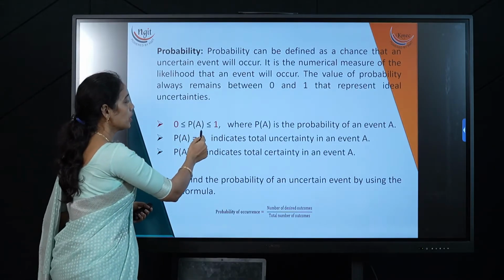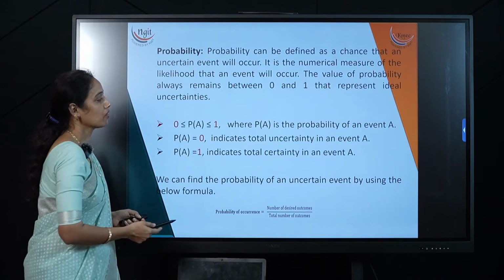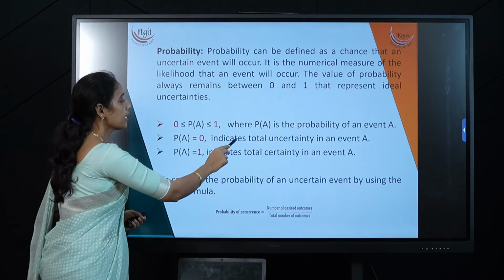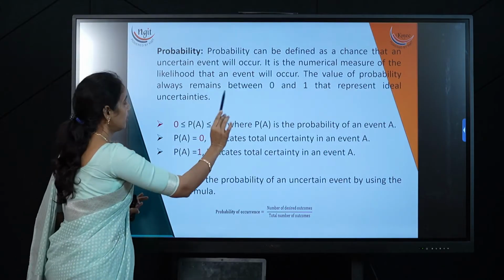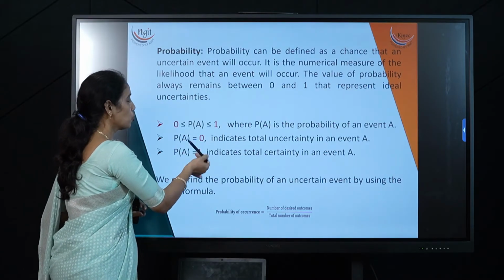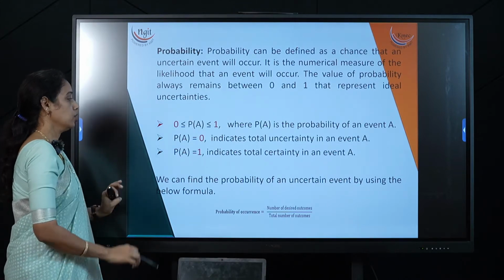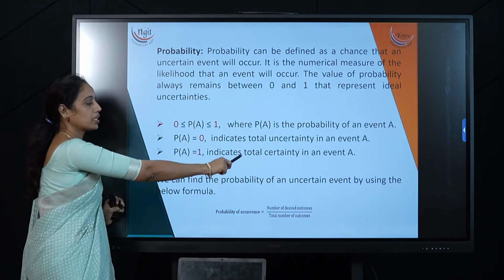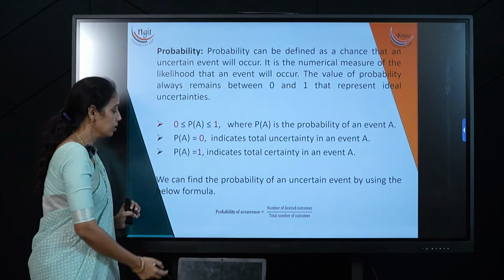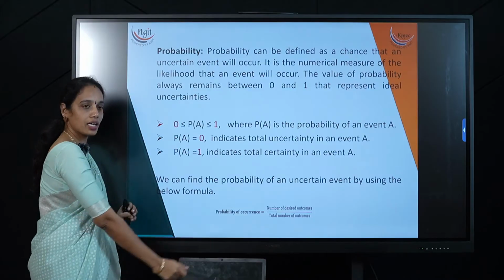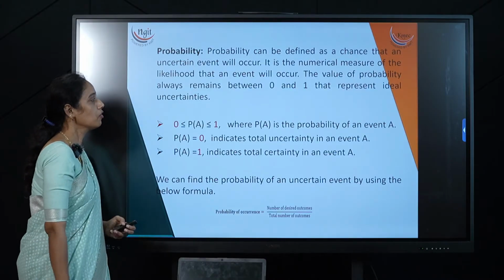Here P(A) is the probability of an event A. P(A) equal to 0 indicates total uncertainty in an event A, whereas P(A) equal to 1 indicates total certainty in an event A. To find the probability of an uncertain event we use the formula: probability of occurrence equals the number of desired outcomes divided by the total number of outcomes.